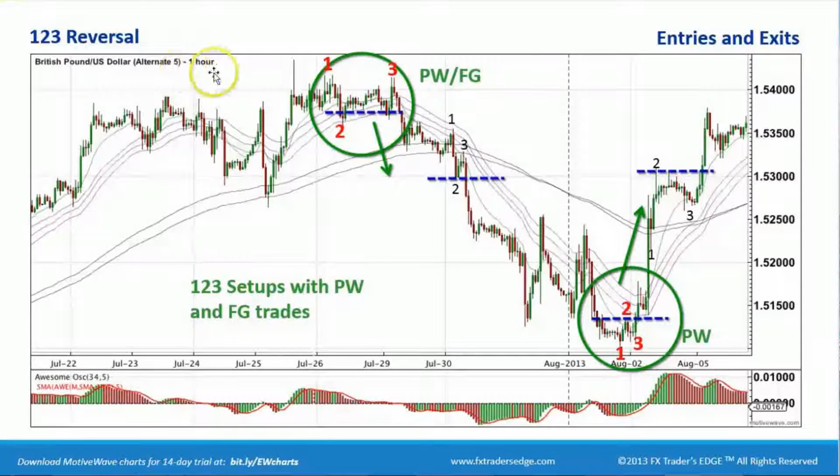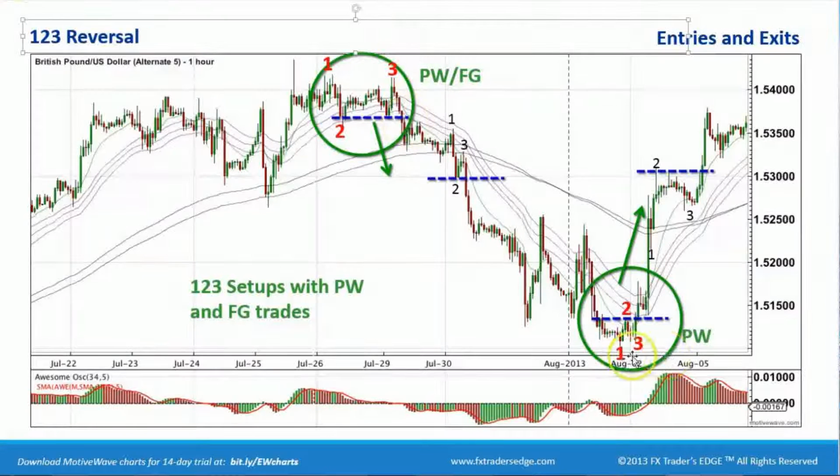Here's another example on how to use 1, 2, 3 reversals with the PWFG trade. This is the British pound on the hourly chart. We look at the first example up here and we've labeled the 1, 2, 3 setup in red. The high price is point 1, price moves down, that's point 2, price moves back up again, that's point 3, doesn't make a new high, and then price breaks down through the blue horizontal line, and that's the start of the move down, and that's actually the fill the gap trade here.